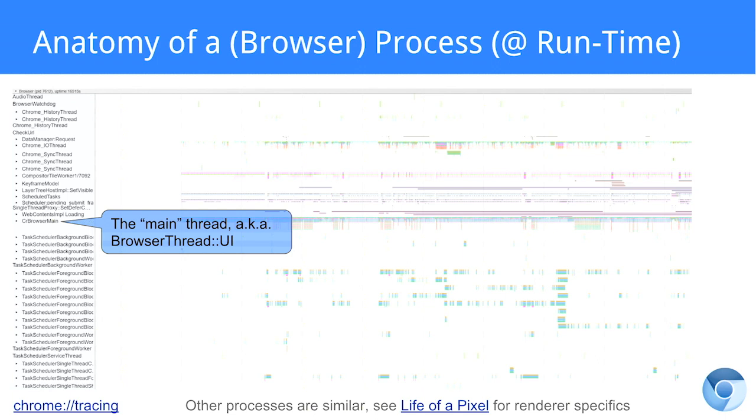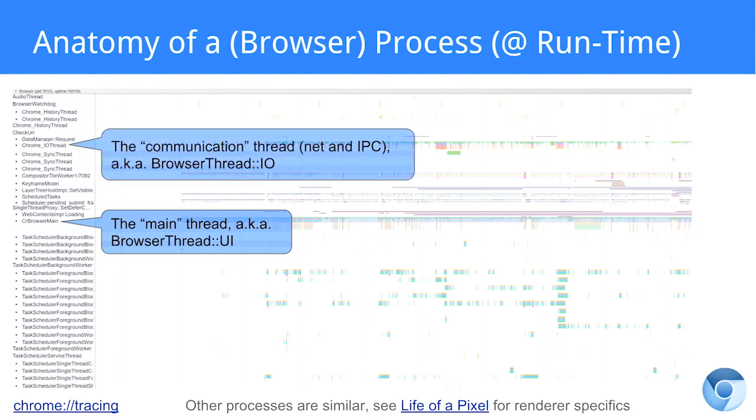And this is where the core of the work in Chrome, if you will, is happening in the browser process. This is where the services are living and so on. We also have the I/O thread, the communication thread. Again, the I/O thread is a place where you're not allowed to do file I/O, which is kind of confusing. This is where net and IPC mainly are happening.